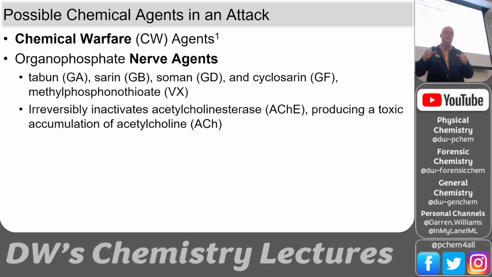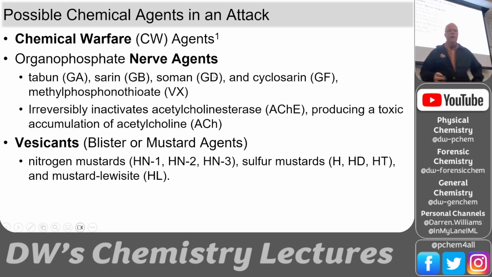If our body tells our muscles to stretch and then we can't turn that signal off, our muscles are just locked up. That's what these nerve agents do. They cause severe central nervous system disruption, and it affects our muscular system. When it gets to our soft muscles, like our breathing muscles and our heart muscles, those turn off too. This is what the nerve agents do.